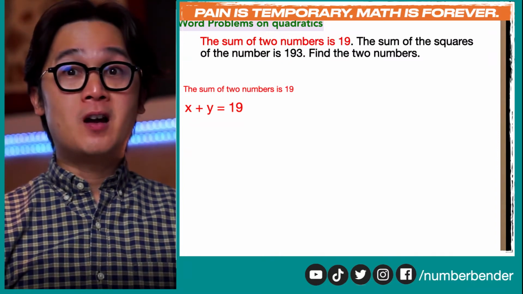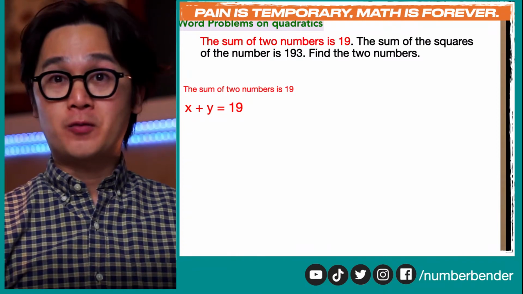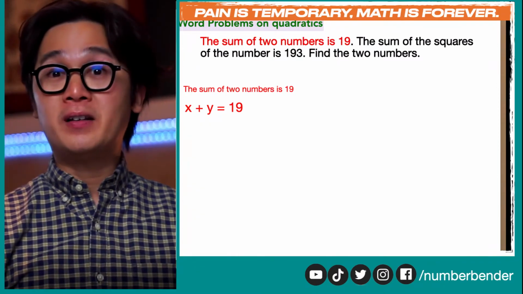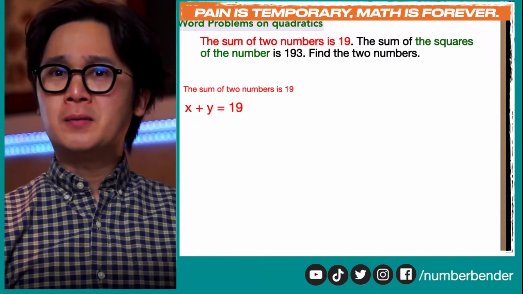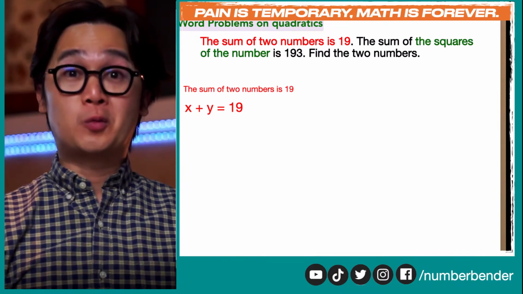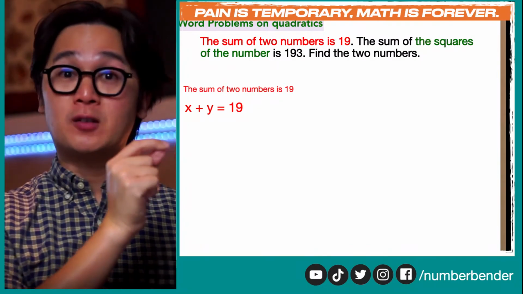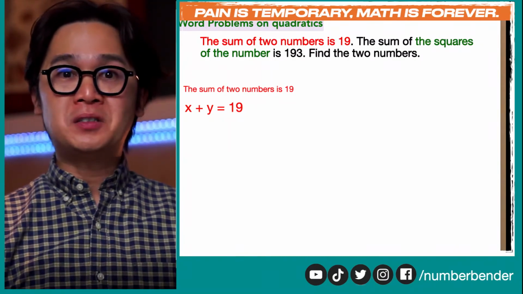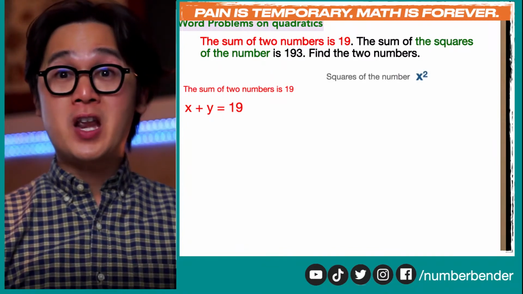The sum of the squares of the numbers is 193. So we need to find the sum of those numbers that is equal to 193. And what are those numbers? According to the problem, it says the squares of the numbers. And what are the numbers that we're working on? Obviously, they need to be related to the first statement that we have. Since we have x and y as our first two numbers, let's use them and square those numbers.